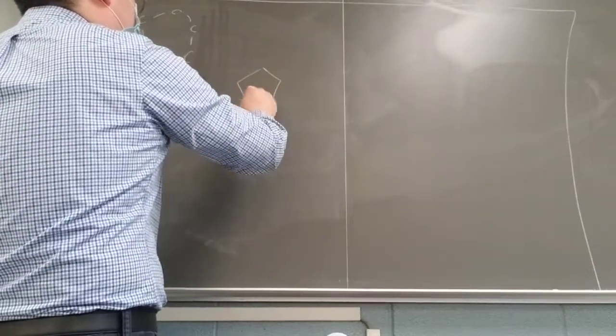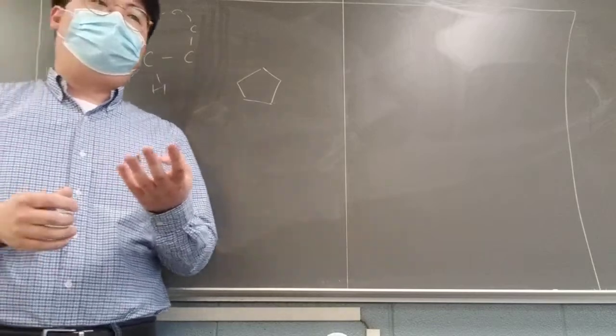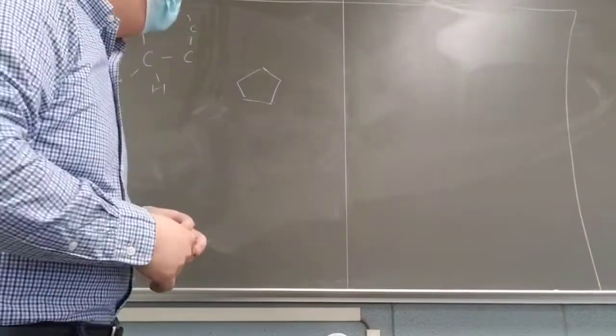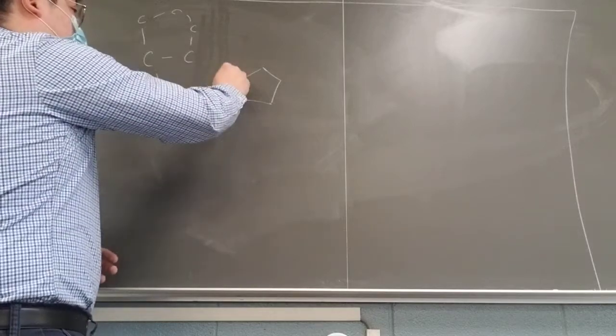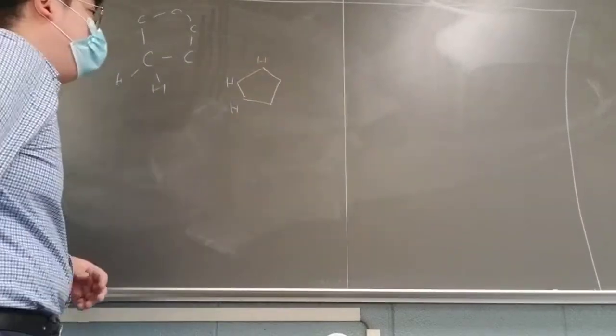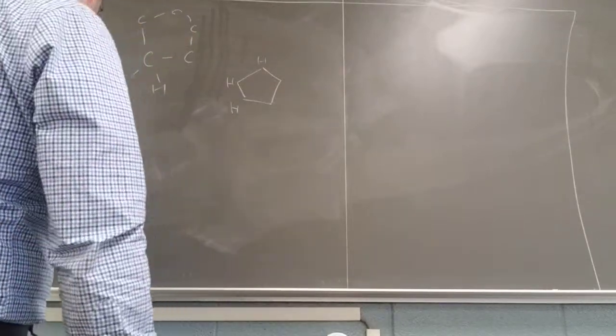But the only thing you really have to know is, once again, the carbon should have about 4 bonds unless there's a double or triple bond, and the hydrogens are implied there. You don't see them, but you can always assume there's a carbon and hydrogen.